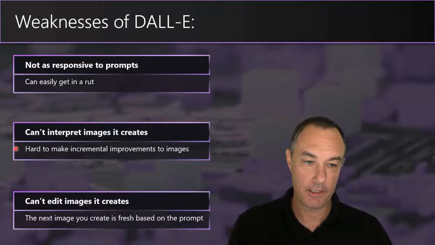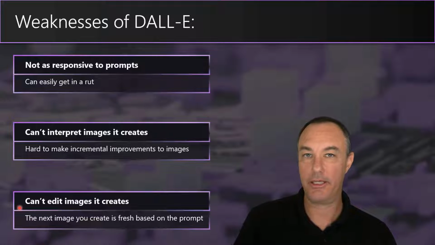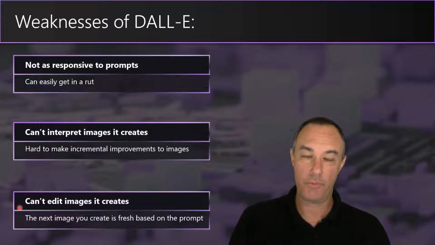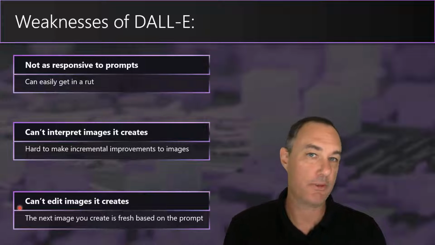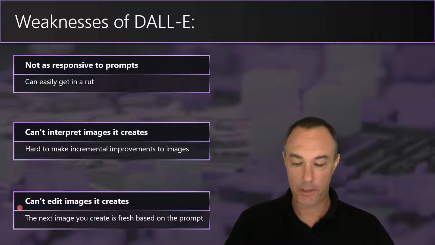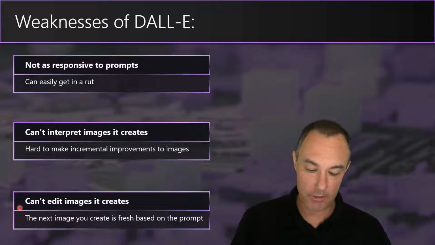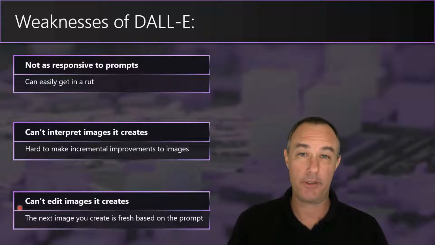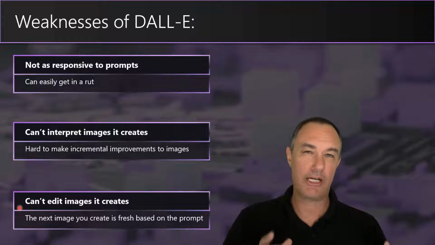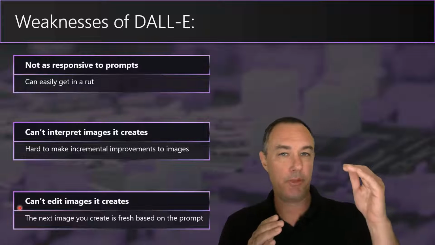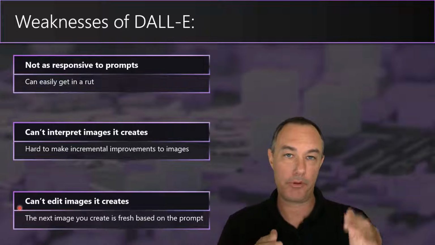Okay. You can't edit the image. And I'll demonstrate this for you. But what you want to think is every new prompt that I come in with is fresh. It is not incremental versioning of the prior.